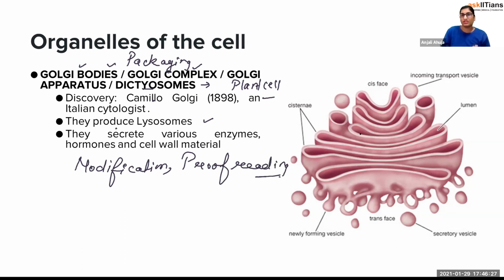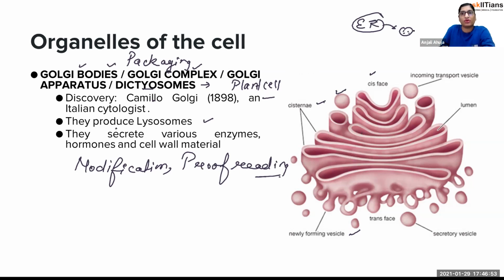The Golgi apparatus mainly consists of two things: cisternae and vesicles. One thing you have to remember: the cis phase and the trans phase. The cis phase is the immature phase. Suppose this is the endoplasmic reticulum. A protein which has been formed is packed in a vesicle, like a bubble which takes the molecule toward the Golgi apparatus.